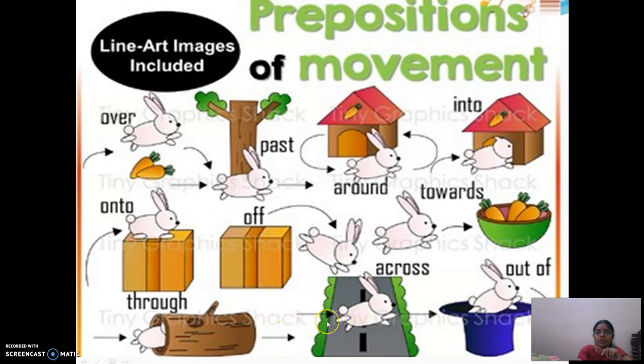Then across, a beautiful example of across: the rabbit is crossing the road. This is what across actually means. Here, out of: the rabbit is coming out of the hat. So, I hope you understand the prepositions of movement clearly using this picture.